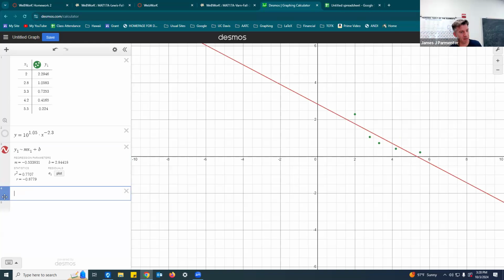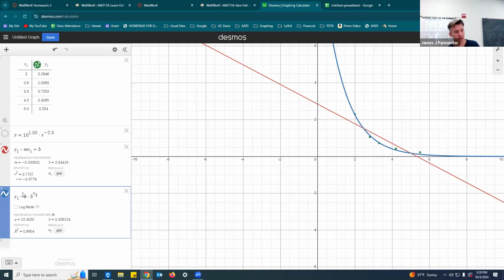And then we're going to test to see if it's exponential by doing y sub 1 approximately equal to an exponential function, a times b to the x sub 1.